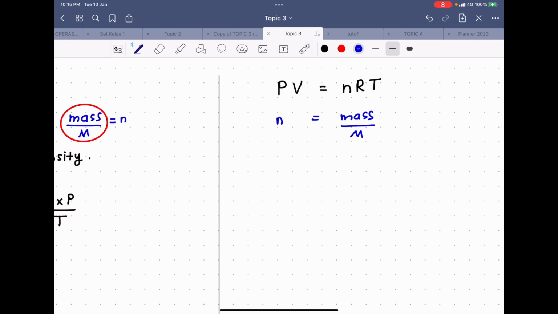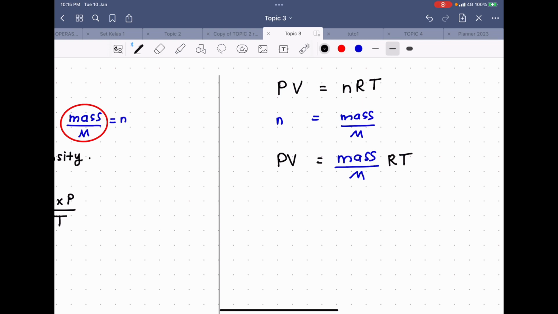Now we substitute our mole with mass over molar mass. So we have PV equals mass over molar mass, multiplied by RT.